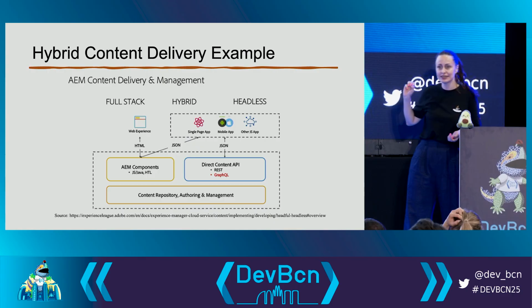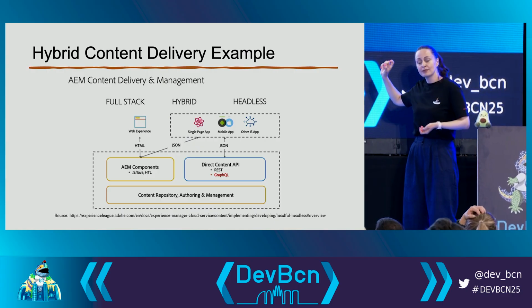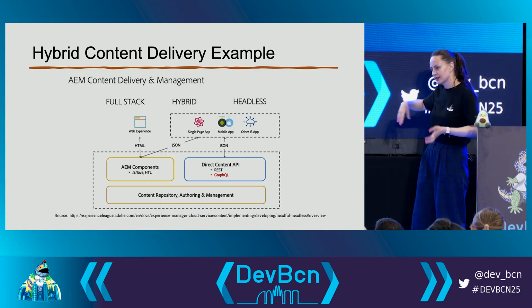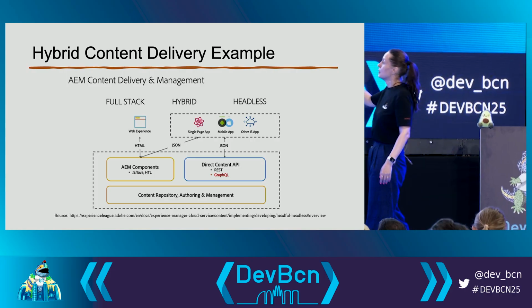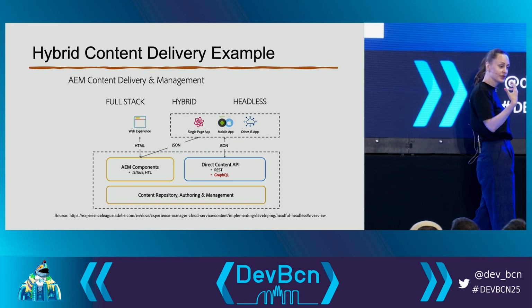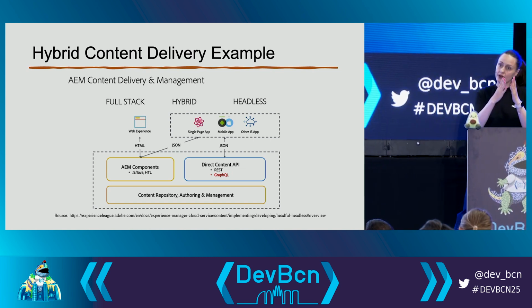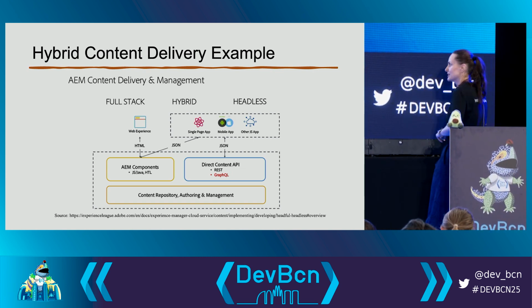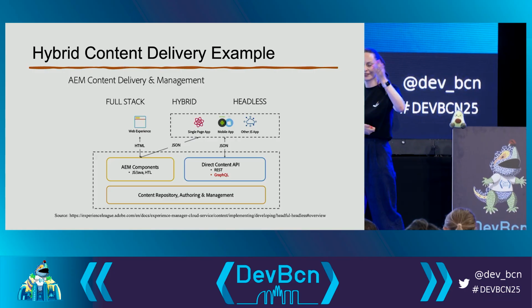So the content management system is exposing HTML, but also a nice API that can be consumed or unified with other responses from other services to be offered to the interface.